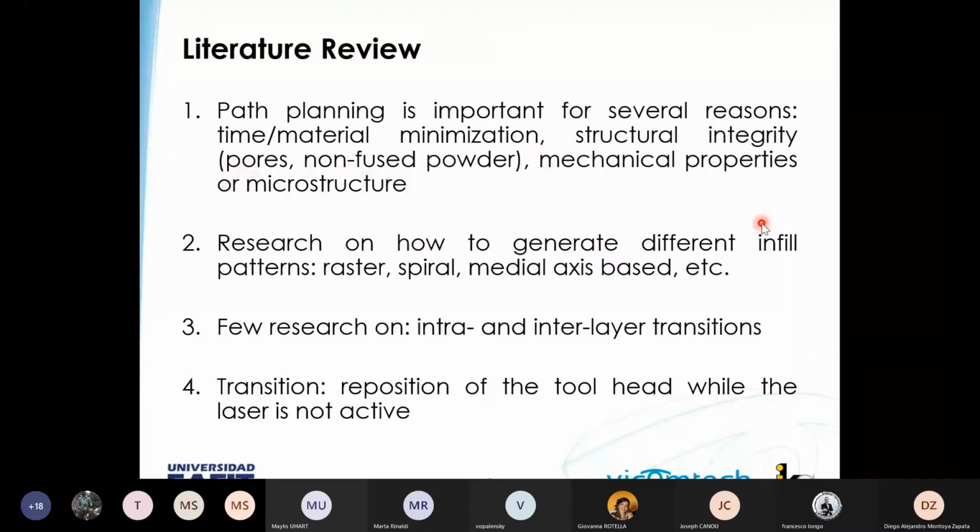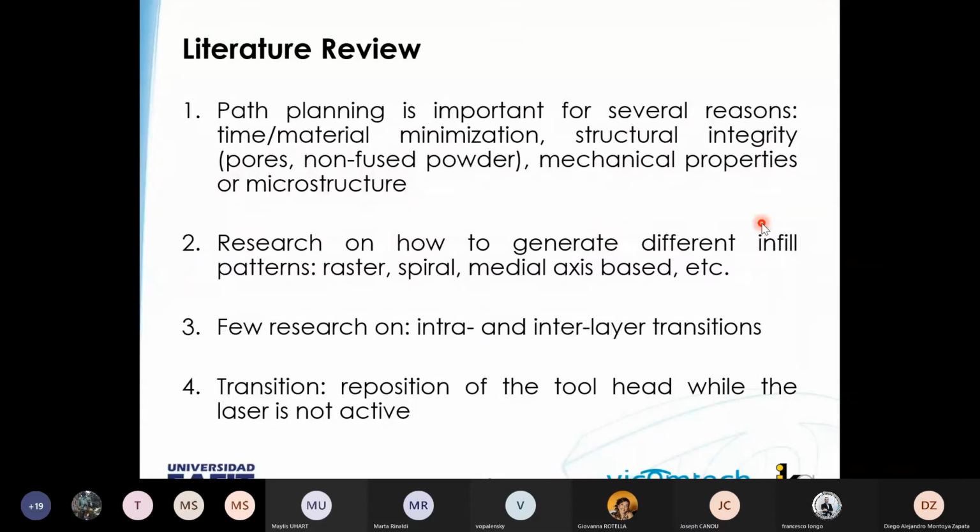We've also found some research on how to generate different infill strategies or different infill patterns. We can find spirals, raster based, and some others based on the medial axis calculation or on the contours and the offset of contours. So there's research on that.